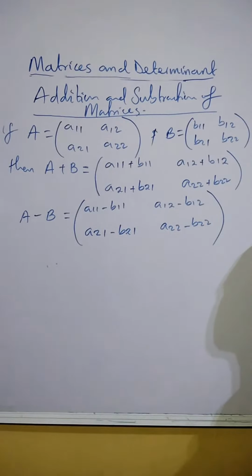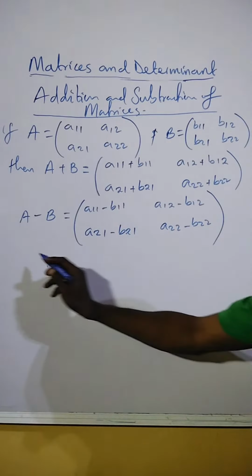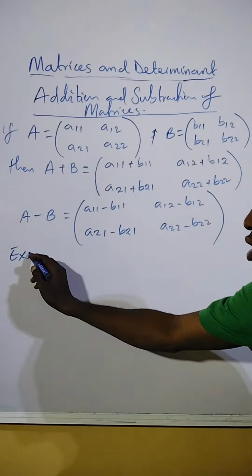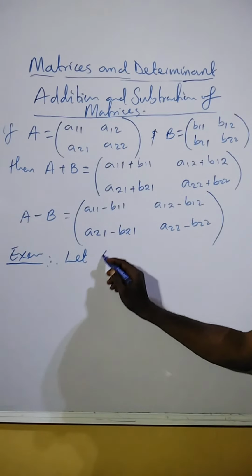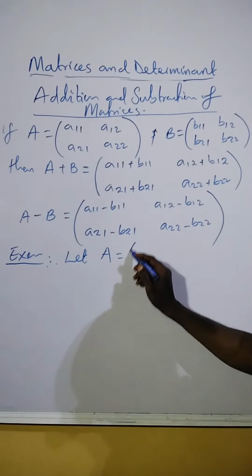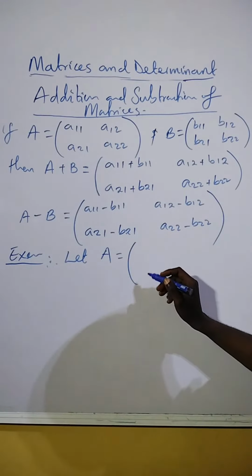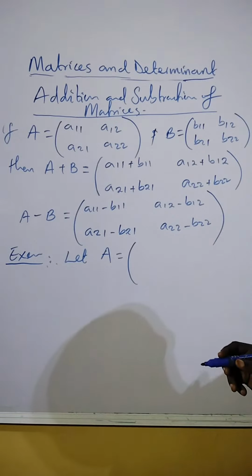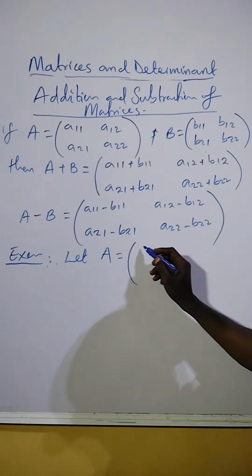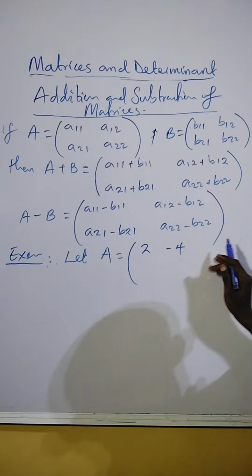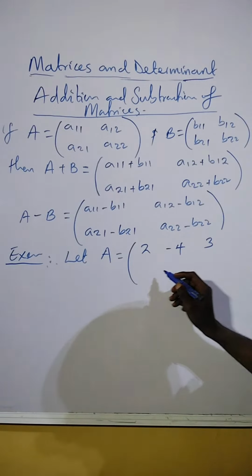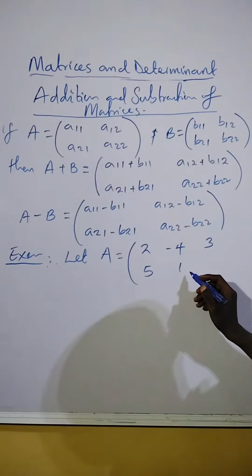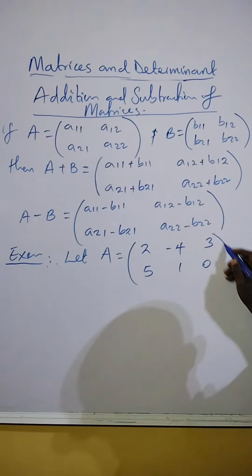Let A be a matrix, so let's take this as an exercise. Let A be equal to a 3 by 2 matrix: 2, minus 4, 3, and 5, 1, 0.